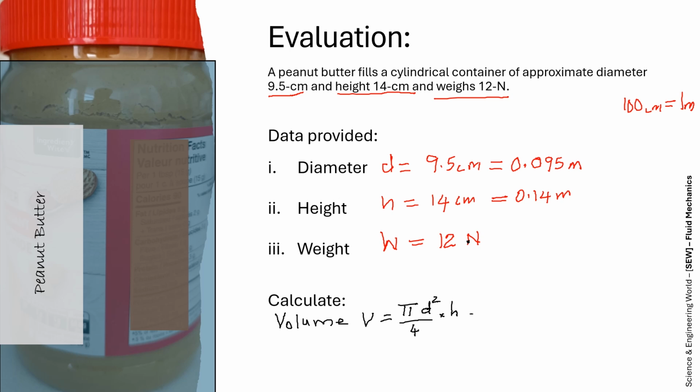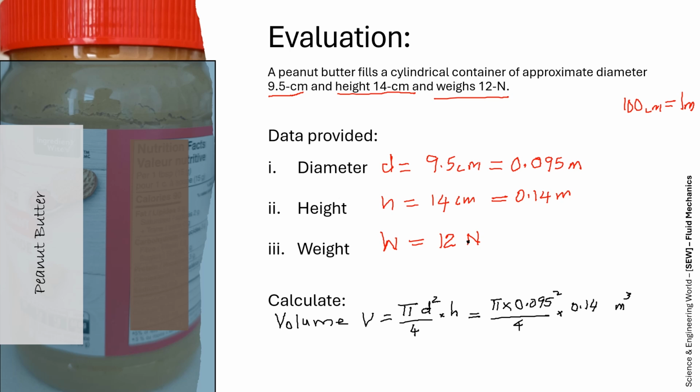So we can now say here that the volume equals pi times 0.095 squared over 4 times 0.14, and this will give us meters cubed.